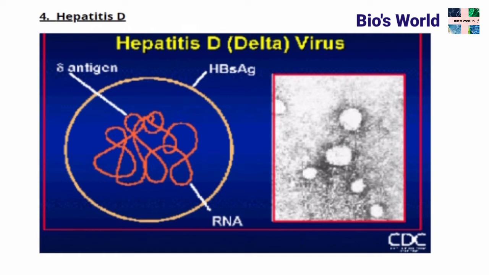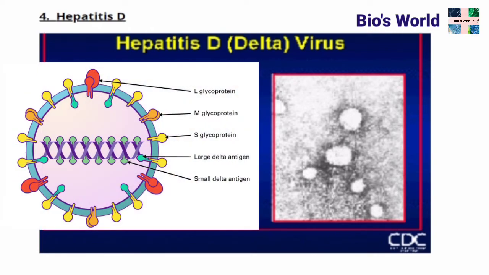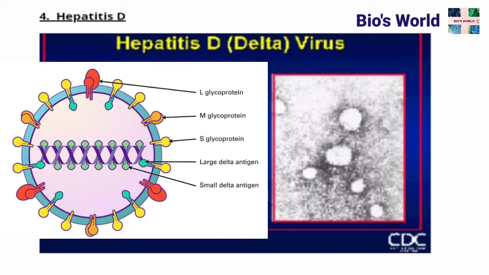So, these virions are 35 to 37 nanometers and comprised of an envelope and ribonucleoprotein, which is similar in structure to HBV. Both viruses use HBV surface antigen, that is SHBs and HBs antigen, for assembly.